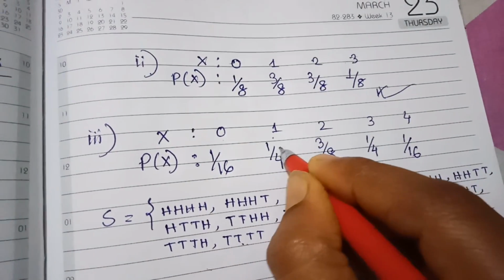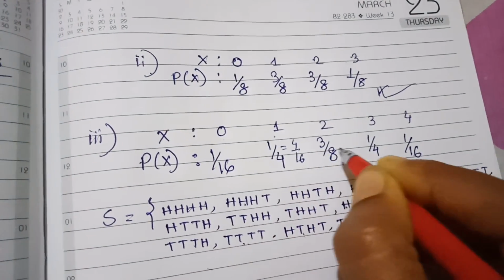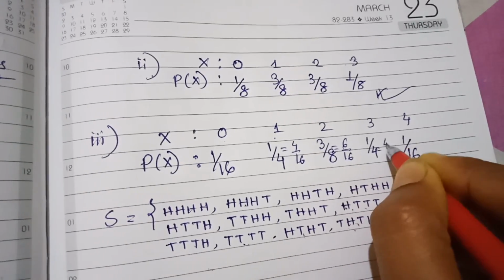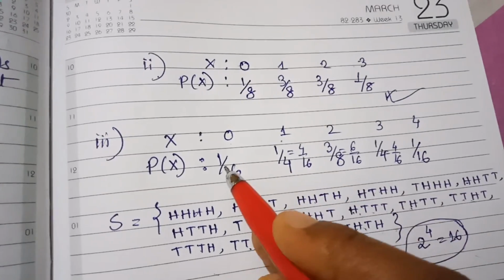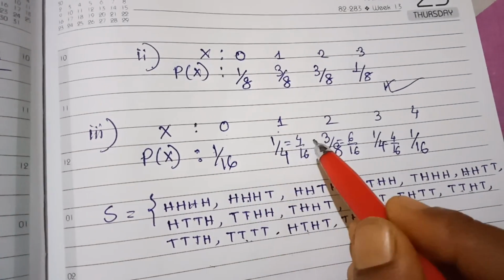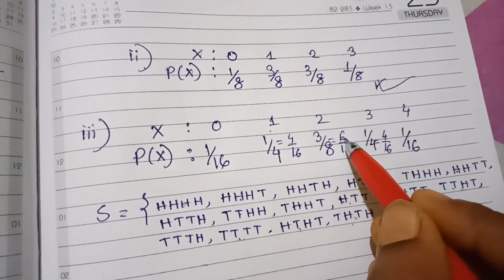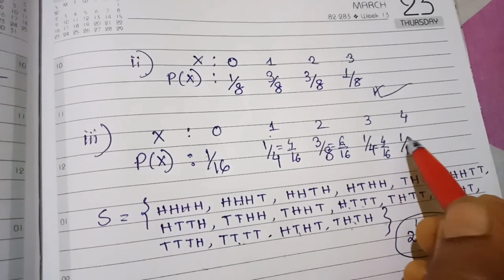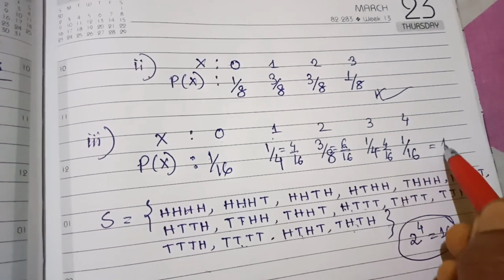Now you can write this one as 4 by 16, this one as 6 by 16, and this one again as 4 by 16. Now you just need to add all these 5. Look, 1 plus 4 is 5, plus 6 is 11, 11 plus 4 is 15, plus 1 is 16. So 16 by 16 equals 1.